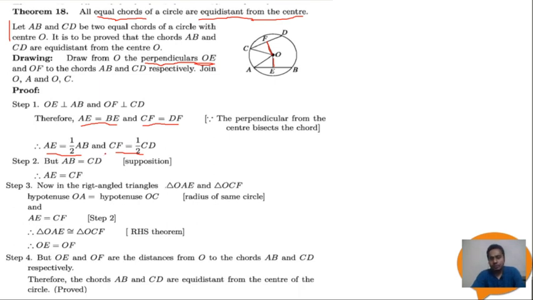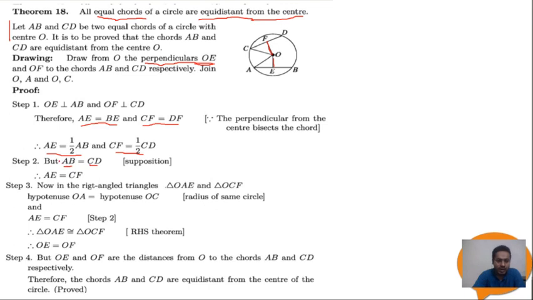This is our proof. If OE and OF are perpendicular on AB and CD respectively, then AE is equal to half of AB and CF is equal to half of CD. But your given condition is AB is equal to CD.